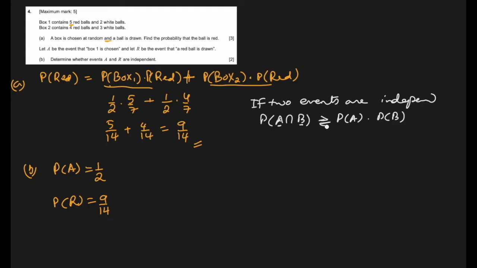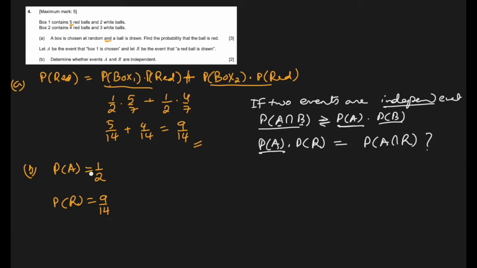That means if the probability of A multiplied by the probability of B is equal to the probability of A intersection B, then they are independent events, and this is what they want to test. If the probability of A multiplied by the probability of R in this case is equal to the probability of A intersection R, that's what we have to check.